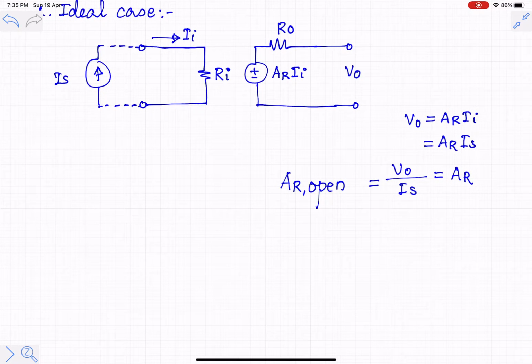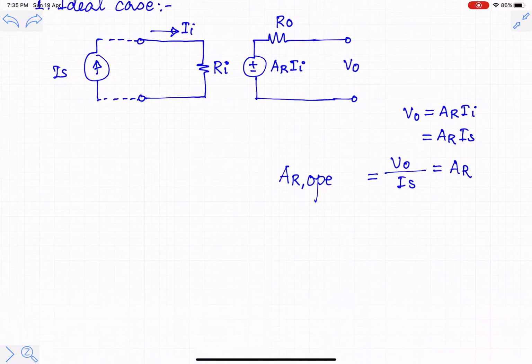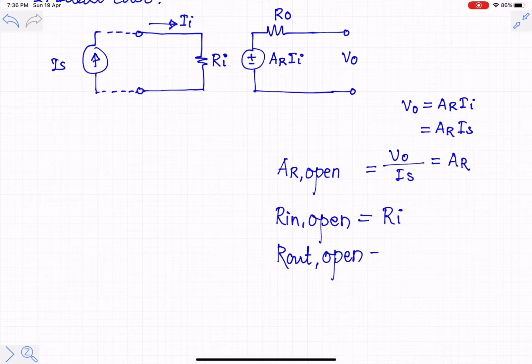Now in a similar way we can see that in this case R in open is equal to Ri, while R out open is equal to Ro.